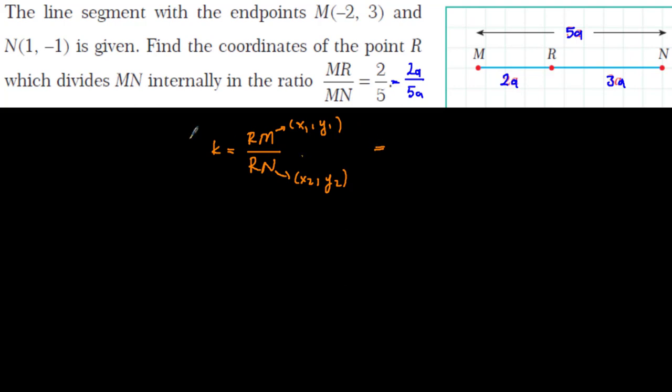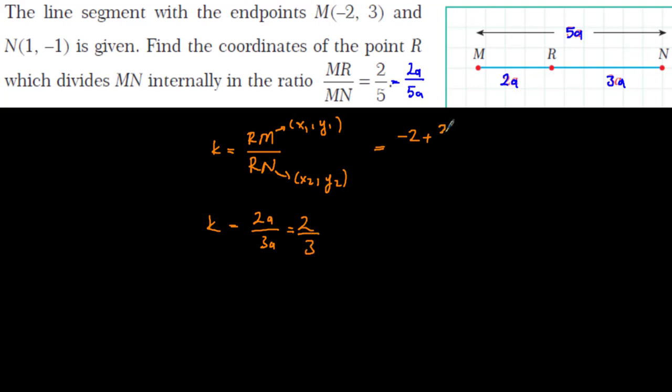So M is minus 2, and I forgot to find the k here: k is equal to RM over RN, which is 2a over 3a, which is equal to 2 over 3.